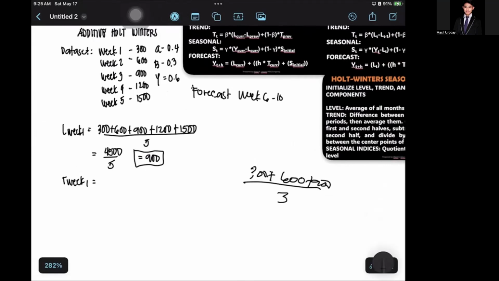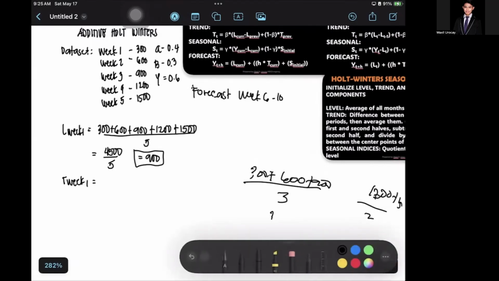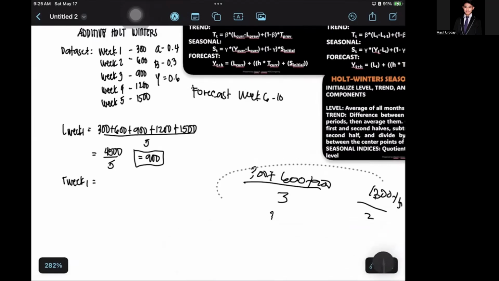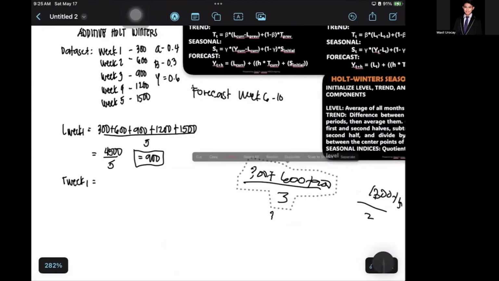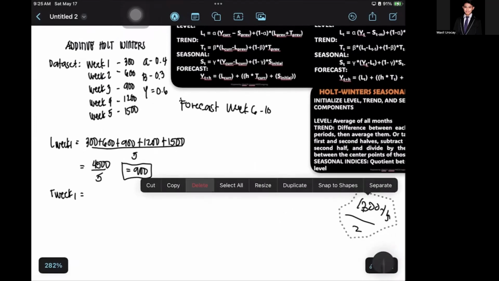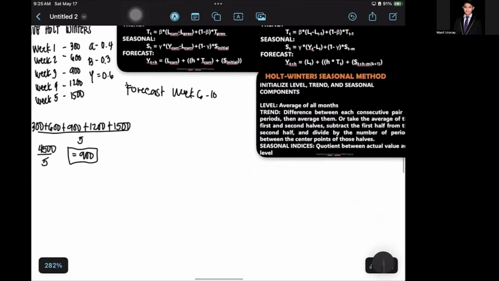Then the second half is 1,200 plus 1,500 divided by 2. You will deduct that here, so it will be a long process. That is somewhat confusing actually if we deal with that formula. I'm sorry. So what we'll follow is that the initialization that we'll identify is the difference between each consecutive.